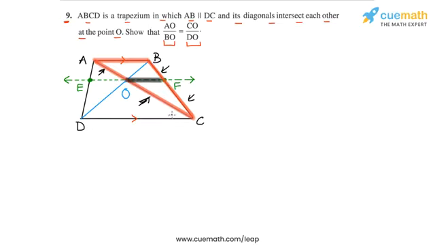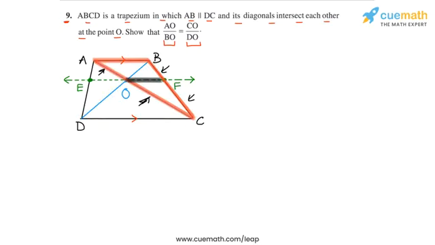Correct? So by applying the basic proportionality theorem to this triangle, we can say that AO by CO is equal to BF by CF. Then similarly, we will consider triangle BCD, and in this triangle also we can apply the basic proportionality theorem because OF is parallel to DC as well, and applying the BPT in this triangle will give us BO by DO is equal to BF by CF. So let me summarize the logic that I have described.